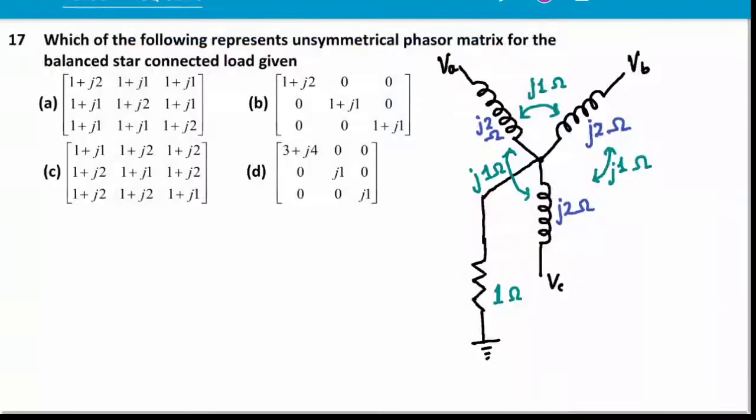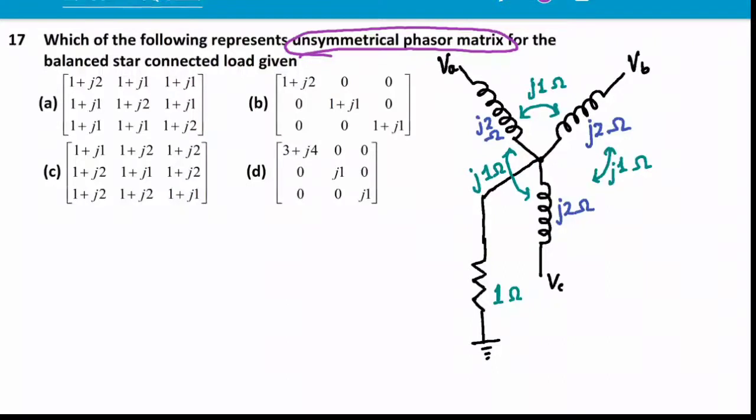Next question, which of the following represents the unsymmetrical phasor matrix for the balanced star connected load given? So here given the unsymmetrical phasor matrix, symmetrical component and unsymmetrical component.